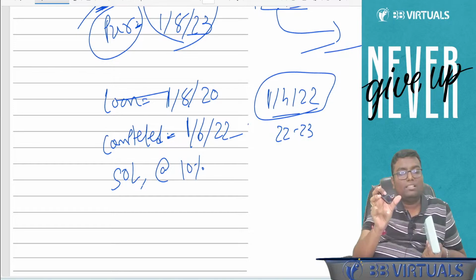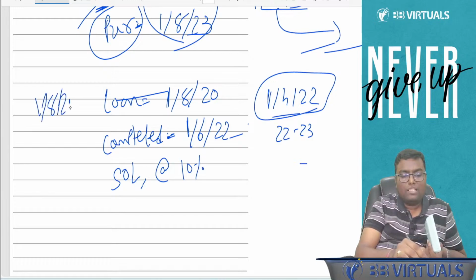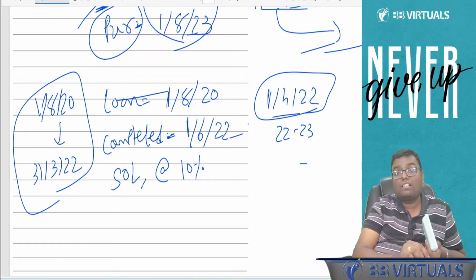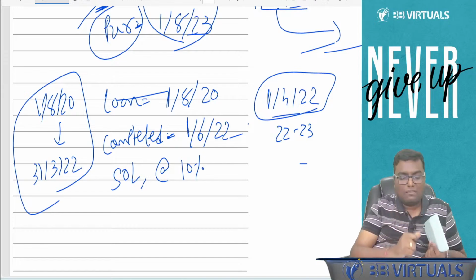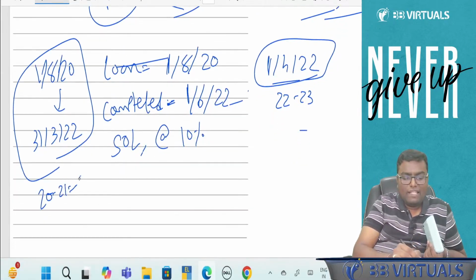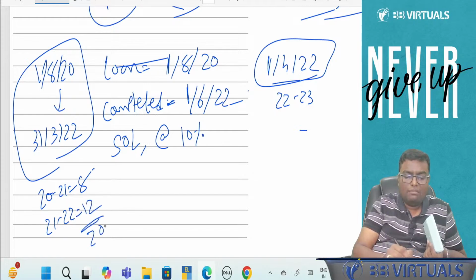Then what is the period for which interest is paid but deduction is not taken? Can I say 1st August 2020 till 31st March 2022? This period is called what? Pre-construction period. How many total months are covered in this? Can I say in 2020-21 it is 8 months, 21-22 it is 12 months, total 20 months.